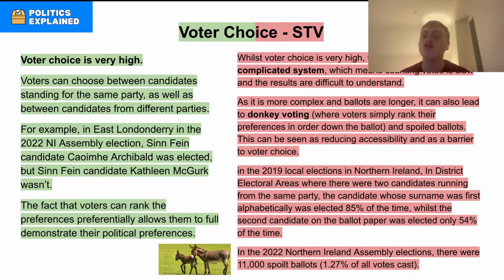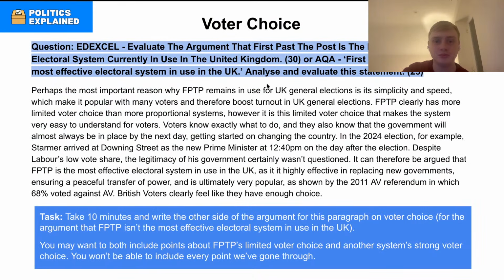For example, it leads to donkey voting, where voters simply rank their preferences in order down the ballot. They just go 1, 2, 3, 4, 5, 6, 7, 8, 9, 10. And therefore, this can be seen as really bad for voter choice because some voters truly don't understand how it works, and there are more spoiled ballots, effectively.